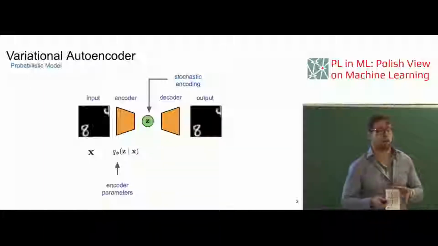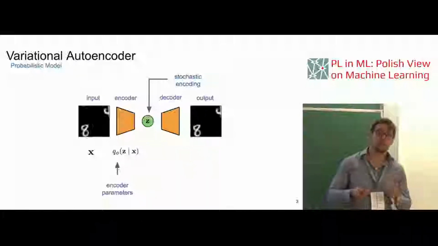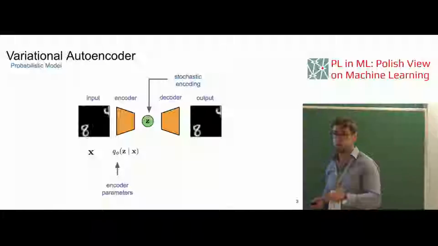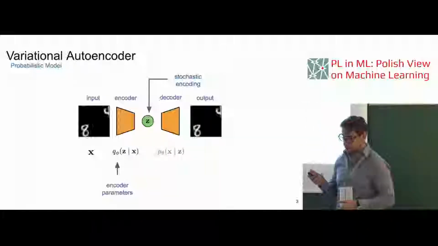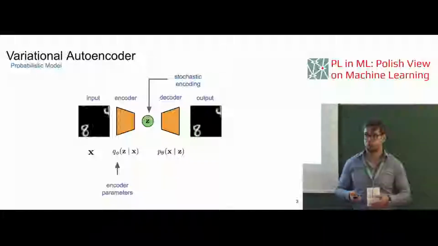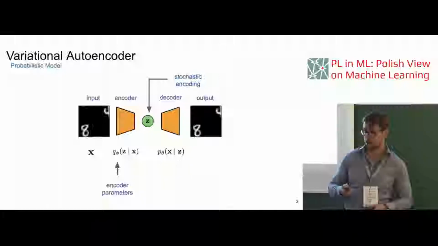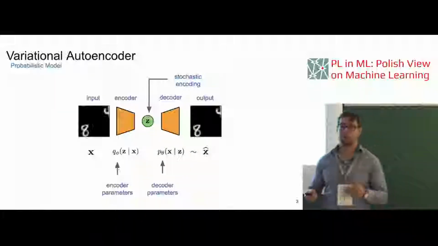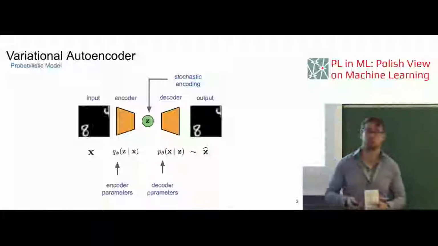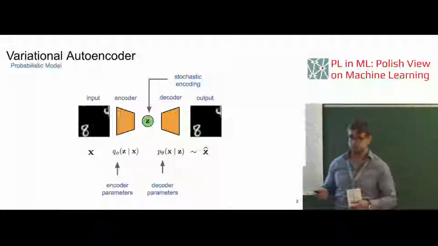Z is really a random variable that we sample from Q, and Q is, in a typical setup, just a Gaussian distribution parameterized by parameters predicted by a neural net. Then we have a decoder, which is again probabilistic, so we just have a conditional probability distribution of X given Z with some parameters theta, and we can sample from it approximate reconstructions of our input. So far, so good.